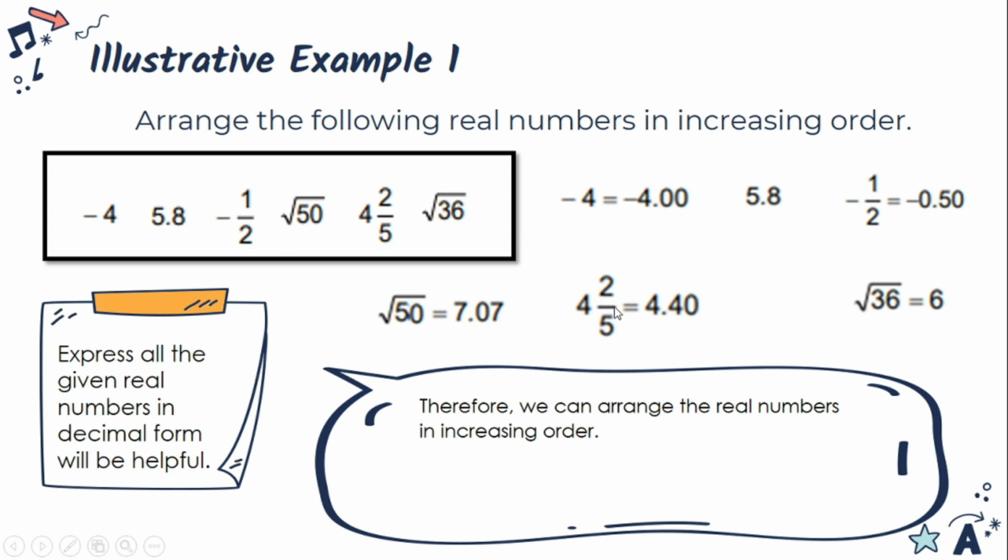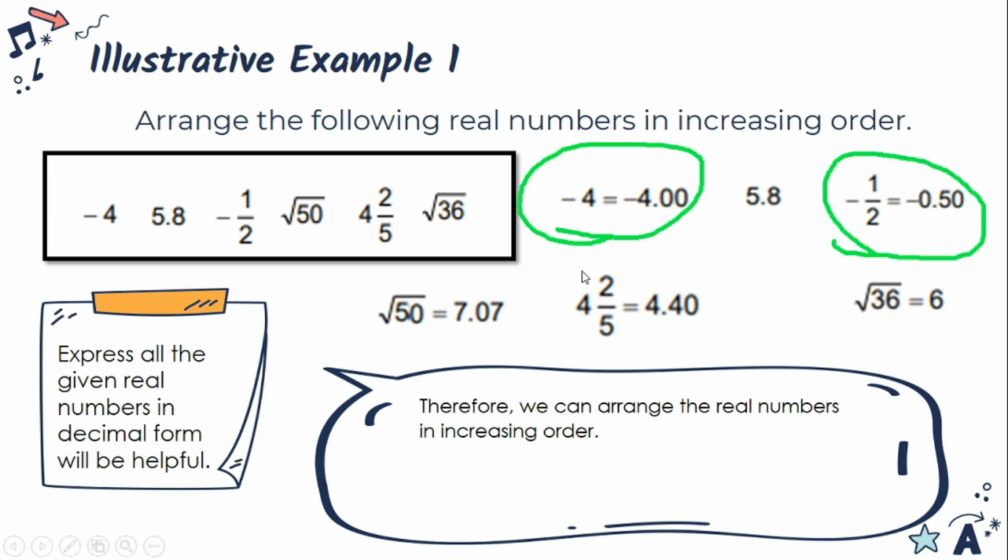Okay, tingnan natin. Meron tayong negative numbers at meron tayong positive. Therefore, lowest yung kailangan natin, titingin muna tayo sa negative numbers. Correct? Kasi lowest. Mas mababa ang value ng mga negative kaysa sa positive. Correct? So we have your negative and negative. Now, ito yung nagiging confusion ng karamihan.